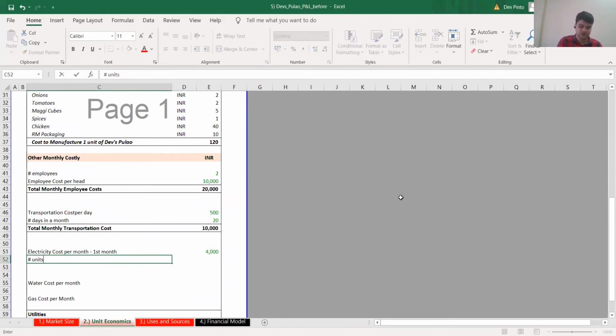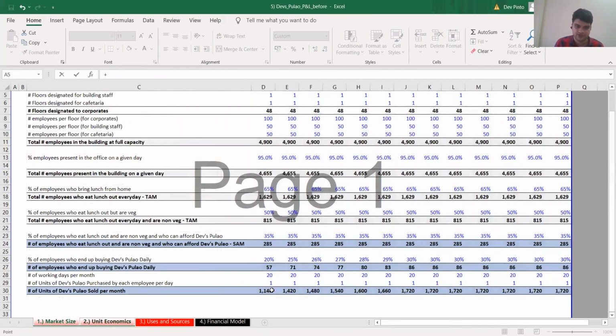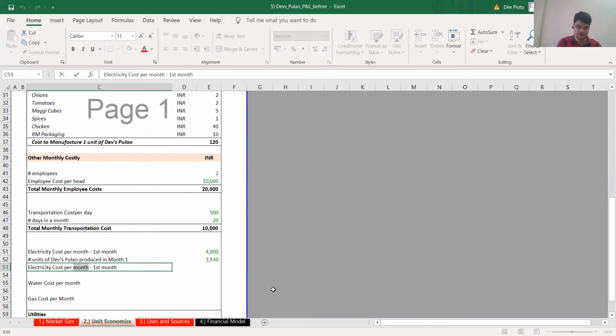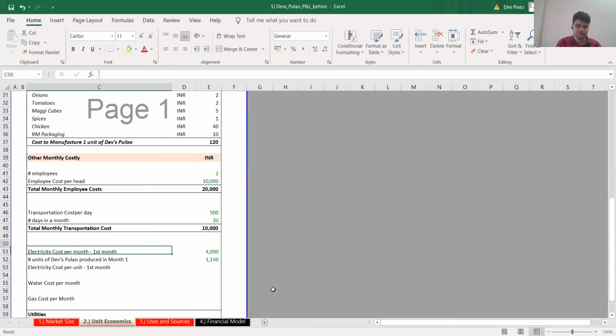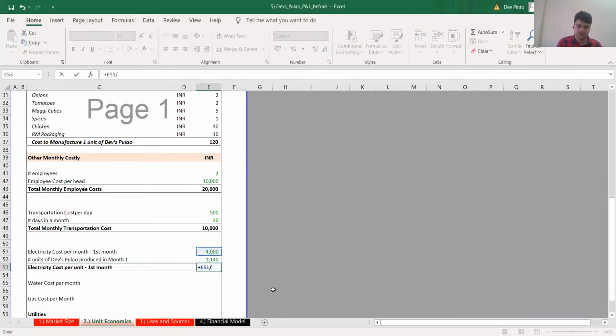Number of units of Dave's Pulao produced in month 1 is 1140. So the electricity cost per unit in the first month comes up to roughly $4.